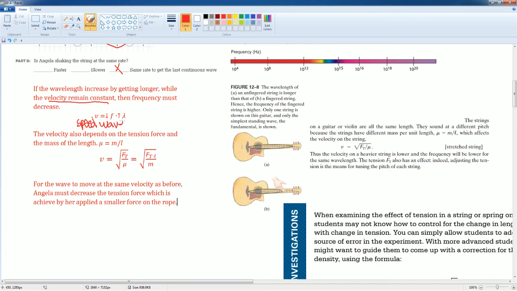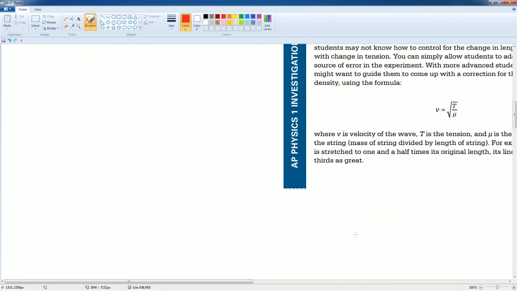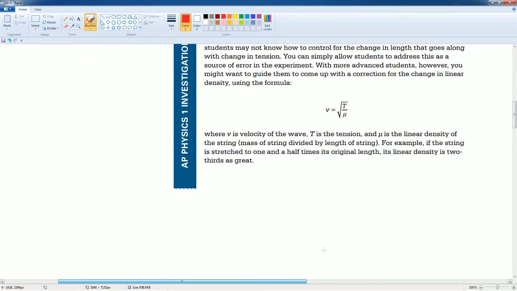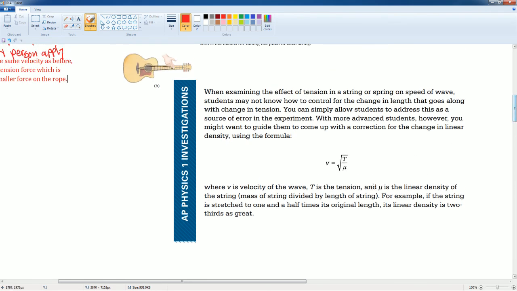What you have here is the velocity of the person applying it, because it says it right here. What they're trying to get you to understand here is that the linear density of the string will change.